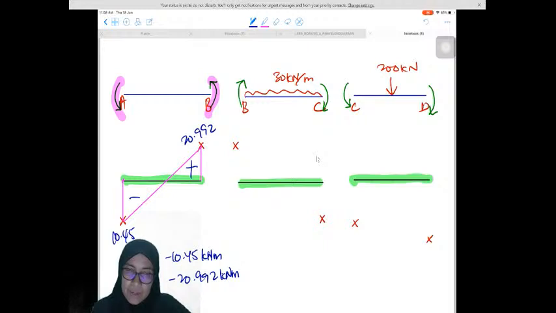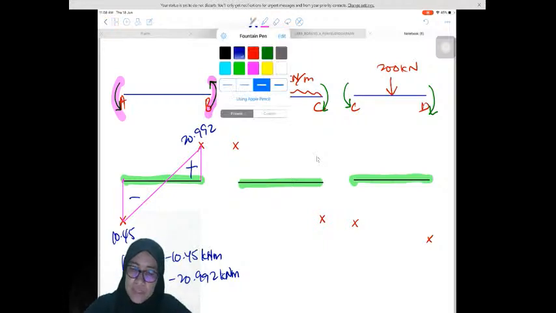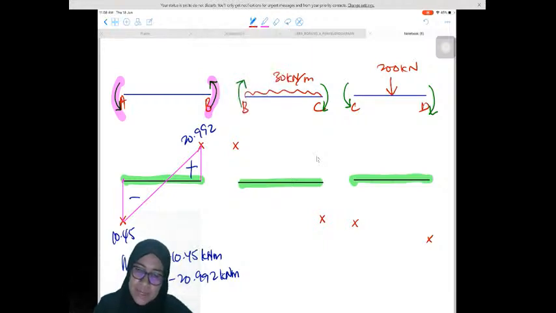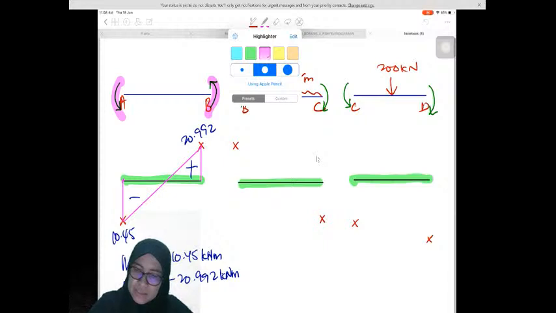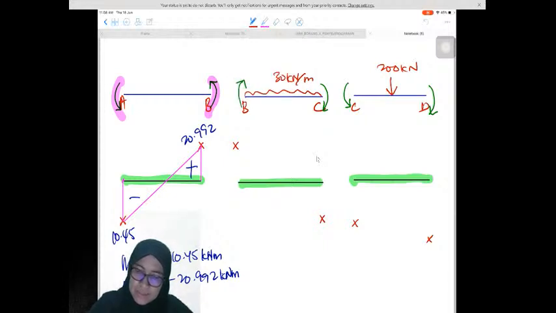For the diagram, we must start at zero value, which means here is the zero value. 0 minus negative 10.45, so we get negative. And then here is 20.992.